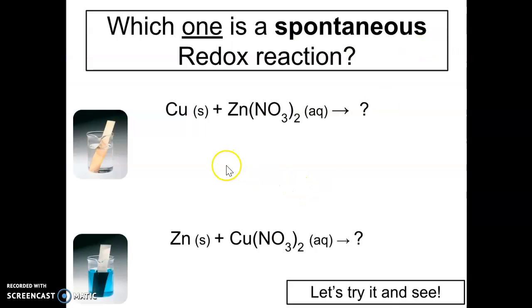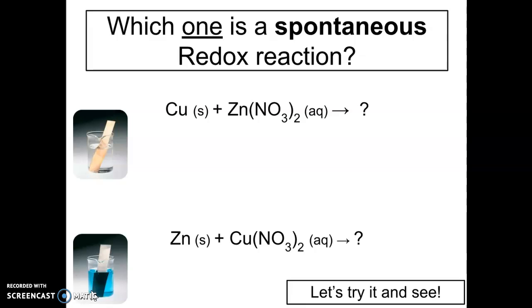So on the screen, I have two different reactions. One is copper metal, copper solid, in a solution of zinc nitrate, and the other one is zinc solid in a solution of copper nitrate. Now, it seems super similar, but one of the reactions is going to happen naturally, and the other one is not.